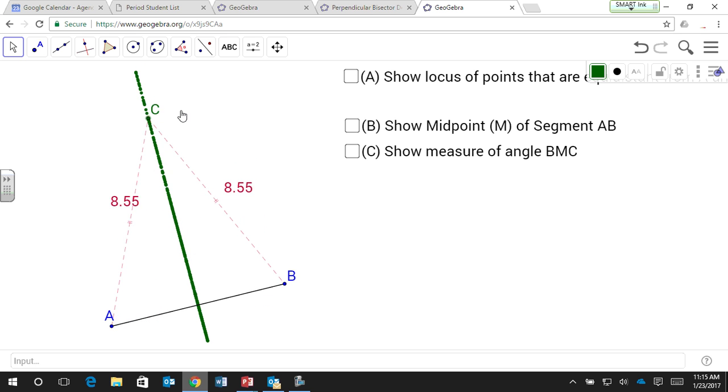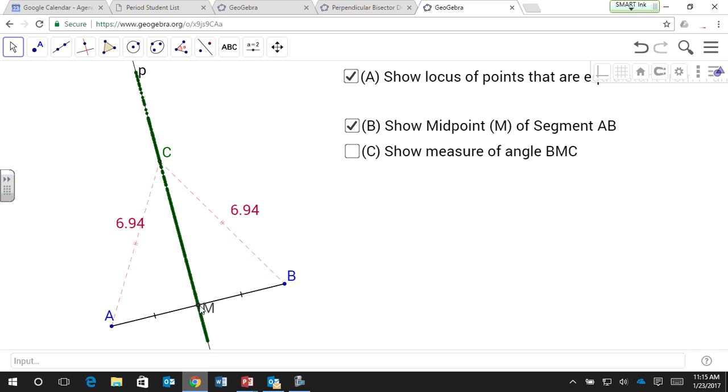Okay? What do you notice about the distances between C and the endpoints? They stay the same. They're going to be congruent, okay? 6.94, 6.94, okay? So those are congruent. So when we look at the locus of all points that are equidistant from points A and B, we see that it's all of these along this trace line. Let's check out the midpoint.